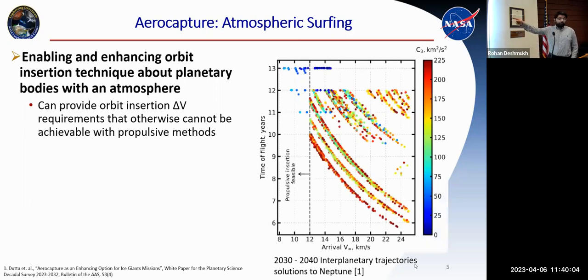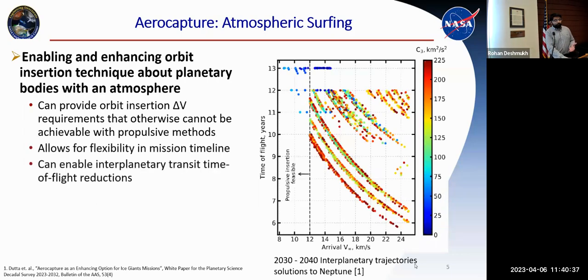On this chart, you can see on the left there is a vertical bar that shows where the region of propulsive orbit insertion is feasible, and you can see that the cases there correlate to very long times of flight. Basically all the other cases to the right of it can't be conceived with propulsive orbit insertion. That really limits the design space for a mission that can go to Neptune.